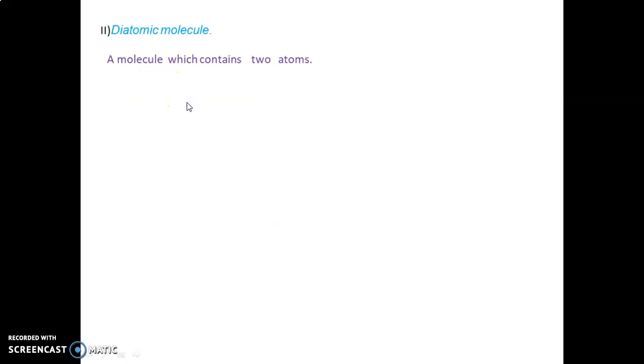Diatomic molecule: a molecule which contains two atoms is called a diatomic molecule. Examples: H2, O2, and the halogens fluorine, chlorine, bromine, iodine, etc. They are diatomic molecules, that is, they contain two atoms.